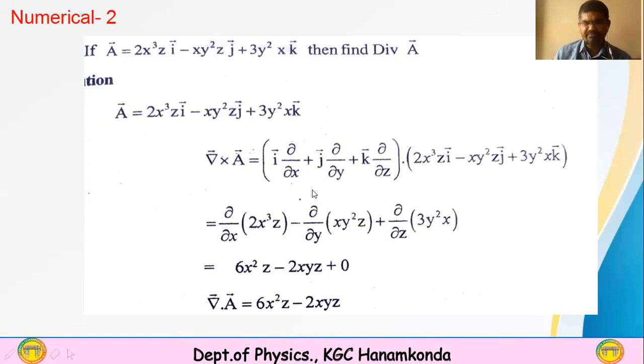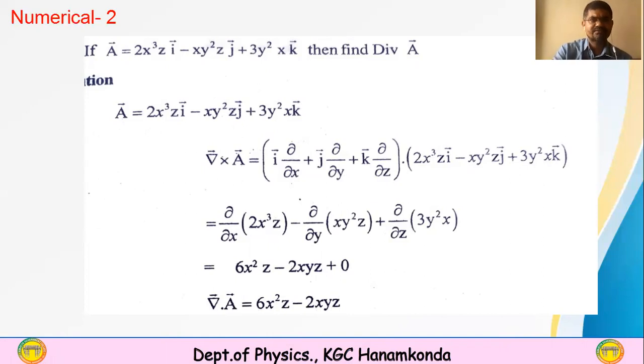After doing partial differentiation, we get 6x square z minus 2xyz plus 0, because there are no z terms at all. Therefore, the partial differentiation of this term is 0. Finally, we got del dot a bar equals 6x square z minus 2xyz. By doing the dot product between the del operator and vector a, we got 6x square z minus 2xyz, which is a scalar quantity.